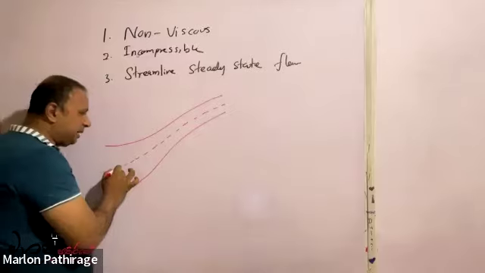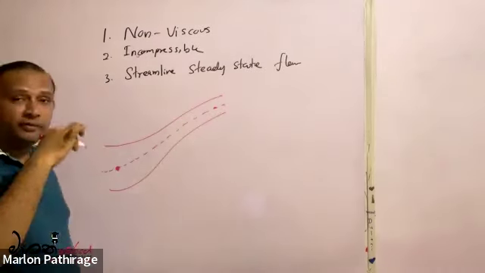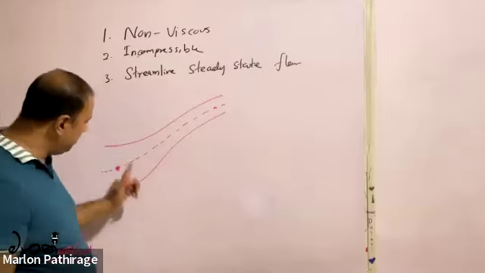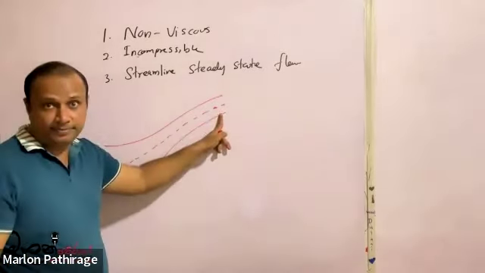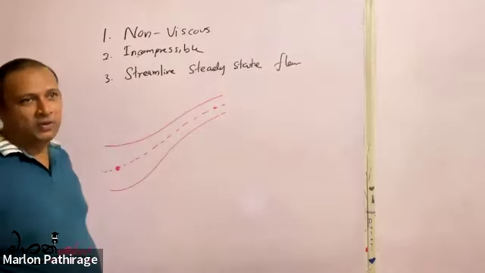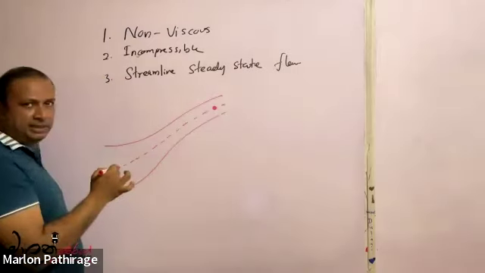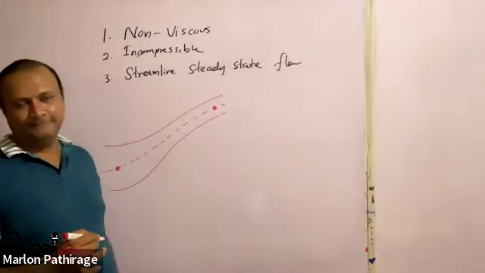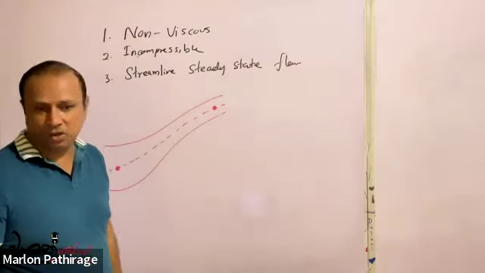Then if this particle moves from here to here, we can apply Bernoulli's principle to this point and this point. So we have to consider a particle on a streamline when we are applying Bernoulli's equation.